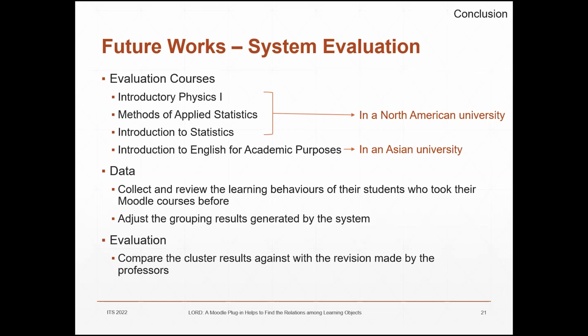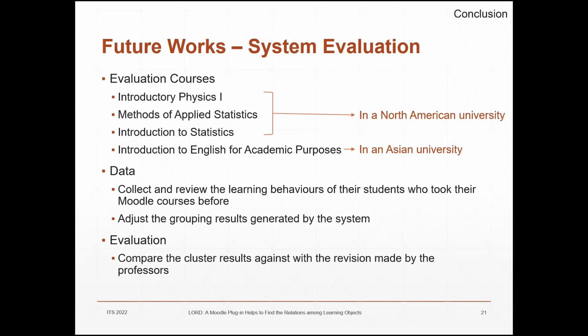Then we would like to ask the professors to retrieve the data from their past courses and generate a graph. And we would like to ask the professors to compare the graph they created with the graph the system created, and they are able to adjust the graph according to their judgments.